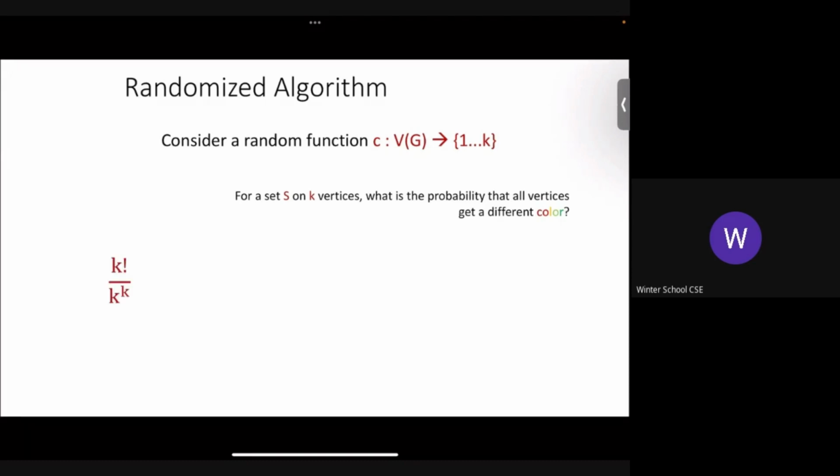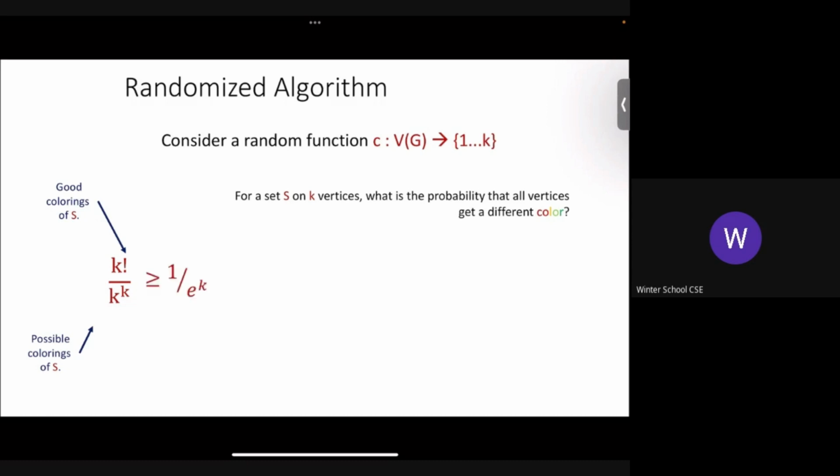This is k factorial divided by k to the k, because k to the k is all possible colorings of the set S, and k factorial is all the good colorings. If I have a coloring with k different colors, I can take any permutation of these colors, and it is still a good coloring. So the probability that this set will be nicely colored is k factorial over k to the k.